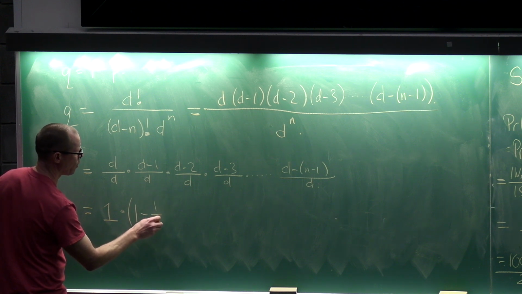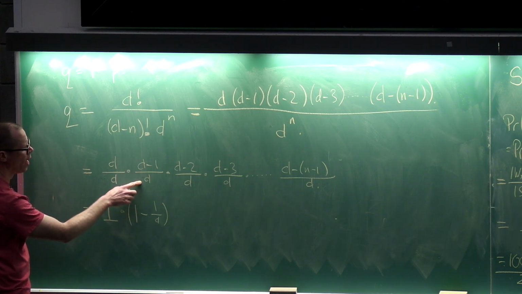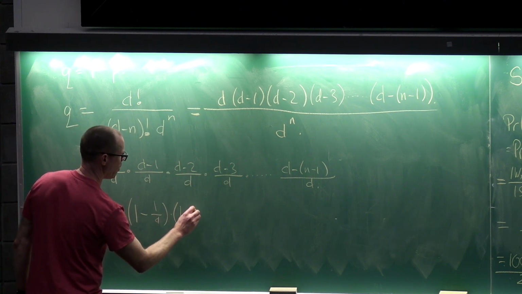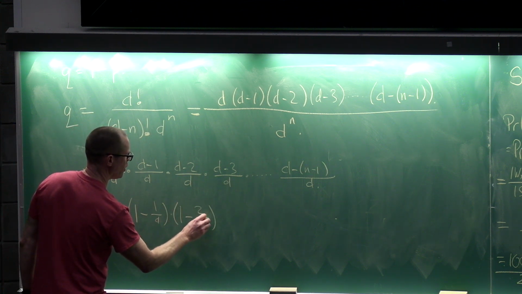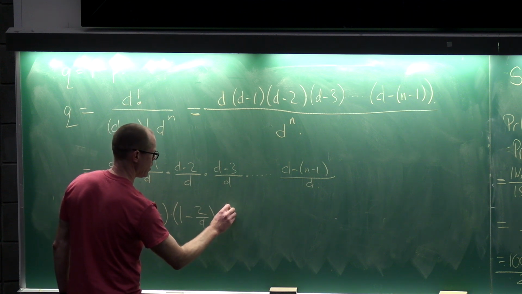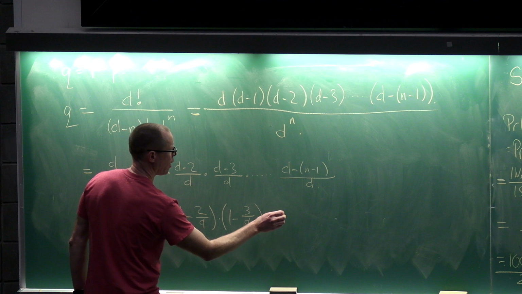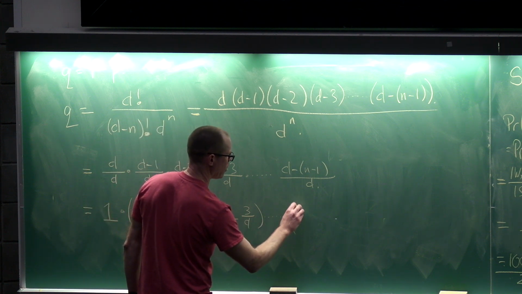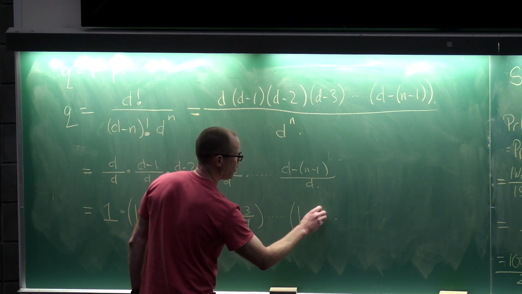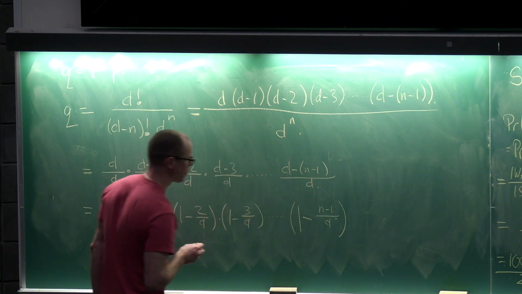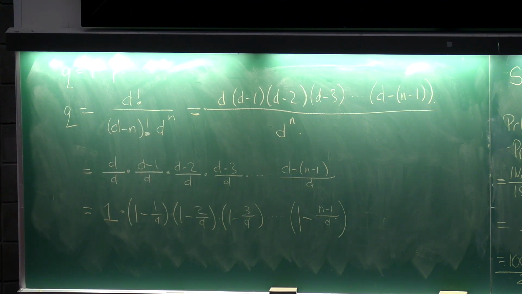This is just 1 minus 1 over D. There's the 1, but then you've got the minus 1 over D. And this is 1 minus 2 over D, and this is 1 minus 3 over D, and so on, all the way down to 1 minus N minus 1 over D. Let's pause at that.